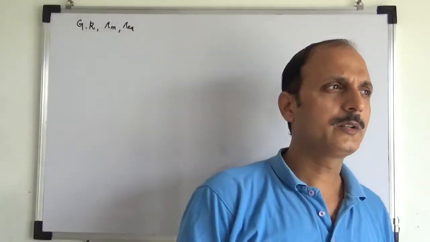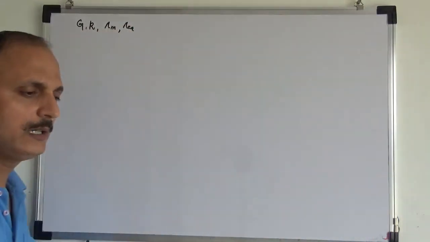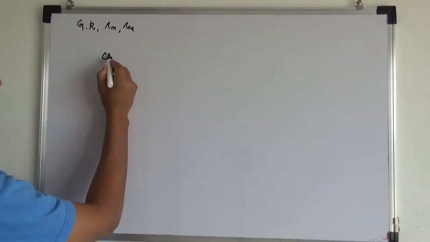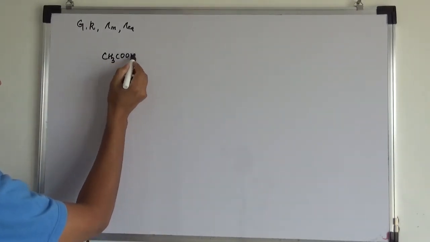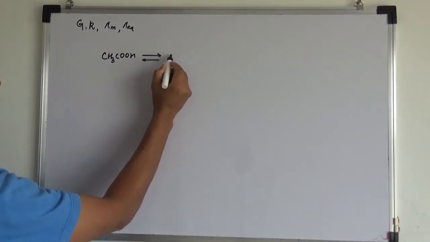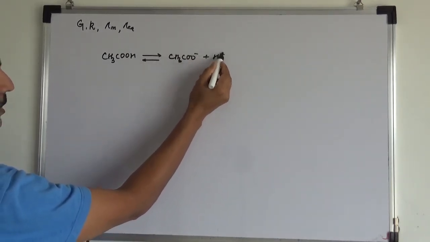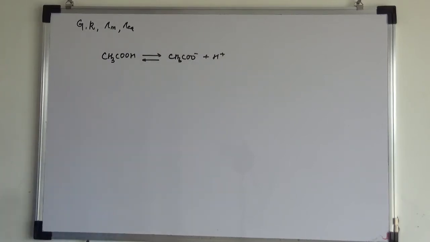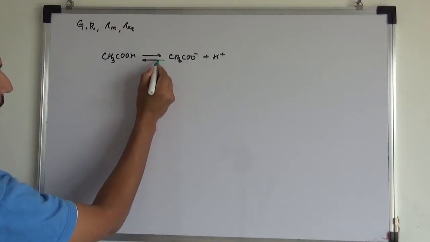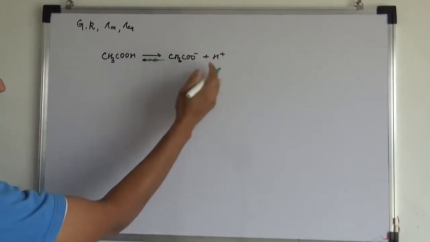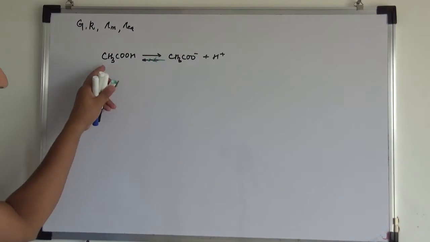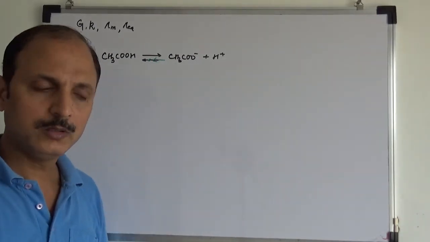For a weak electrolyte. तो weak electrolyte के लिए let's say take this one example, CH3COOH. यहाँ पे this side reaction will be very fast because its dissociation constant is very small.